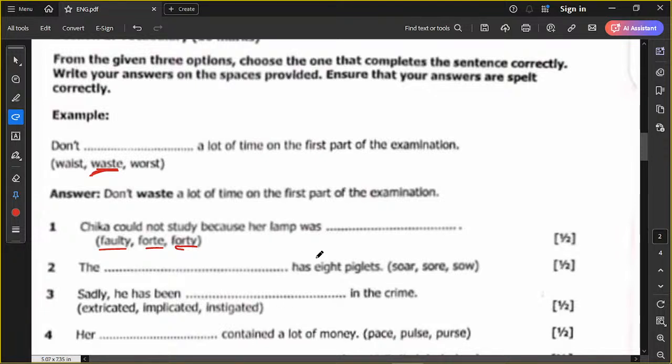The first word means something is not functioning properly, it's damaged. The second word is used after a number, something like that. The third word is a number. These words are a bit different. The one which can complete this sentence correctly is the first.